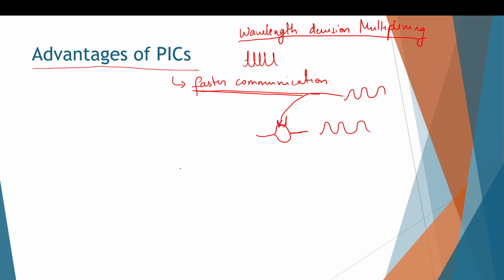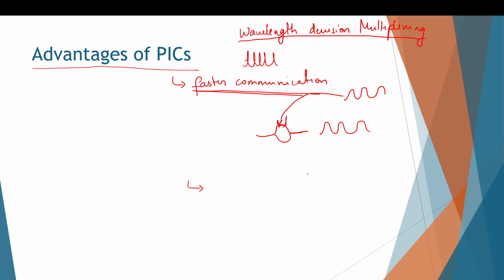So why would it be better than using fiber optics, bulk optics for us? Bulk optics will have larger attenuation. True.